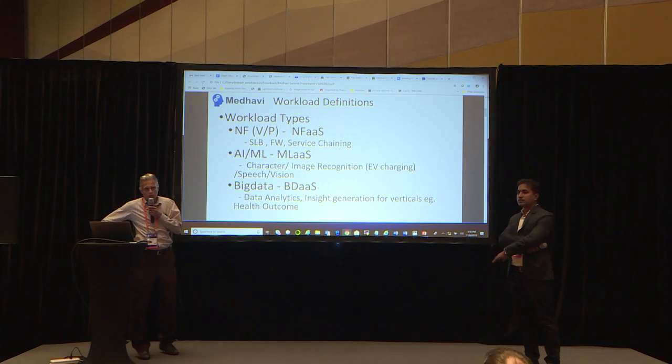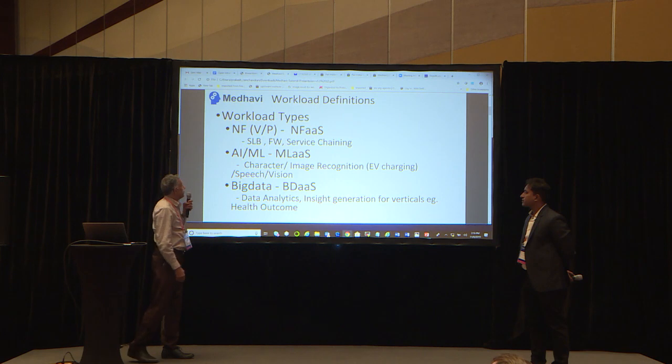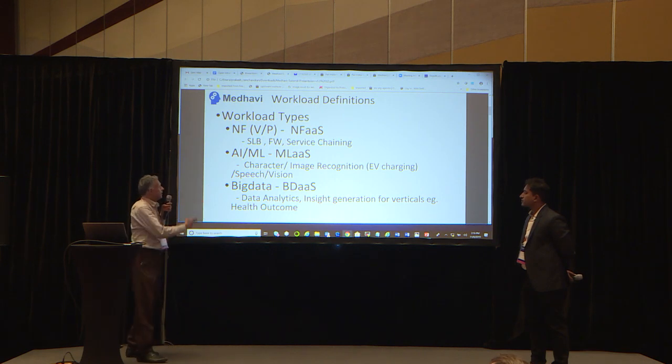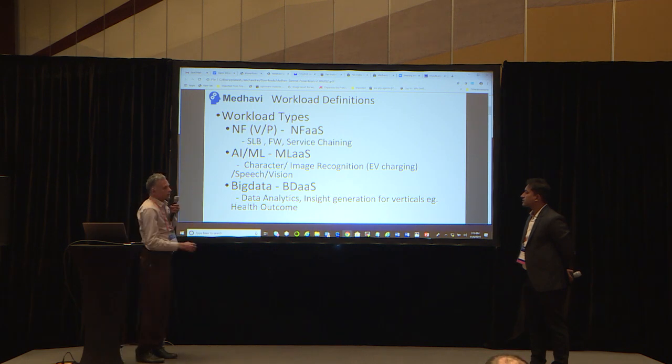So workloads are of different types. At least you can see 3 of them. One is the network function, which is there from 2012, 2013, around the time when ETSI put out the specification for NFV. So network function can be virtual, can be physical.